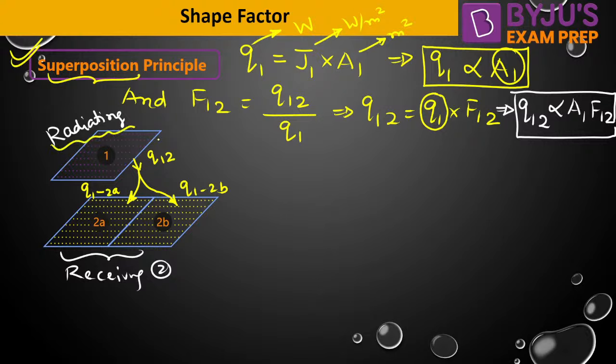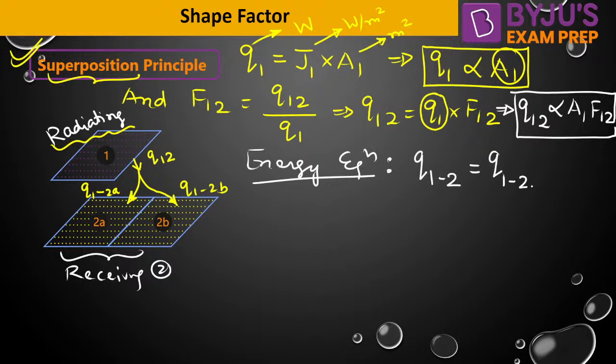So Q1 to 2, if we want to write according to energy conservation, let me write the energy equation. Whatever the radiation leaving 1 and reaching 2 is equal to radiation leaving 1 and reaching 2A plus the amount of radiation leaving 1 and reaching 2B. The sum of these two will be Q1 to 2, isn't it?